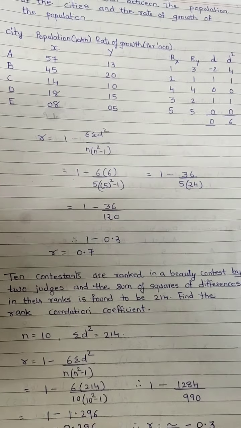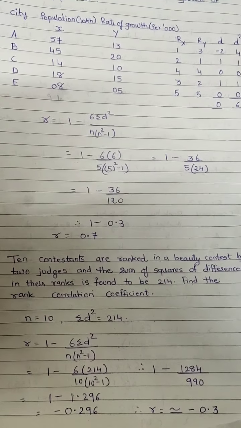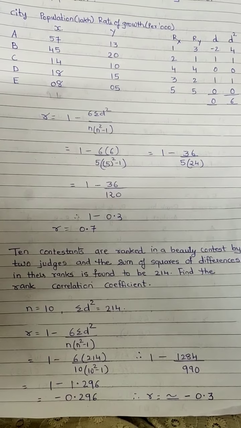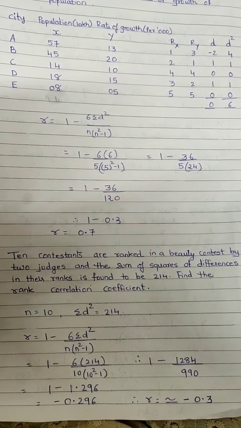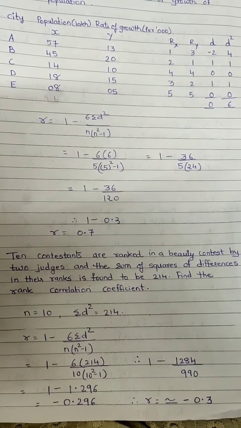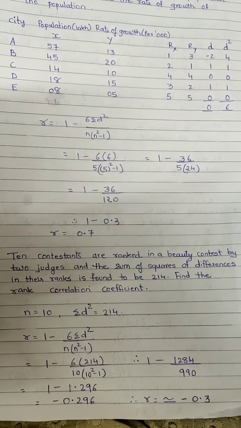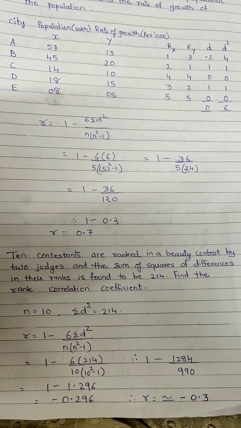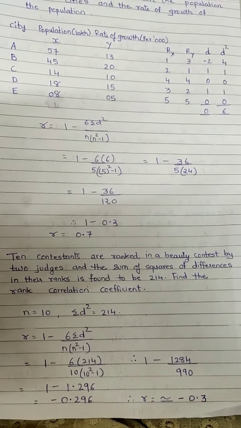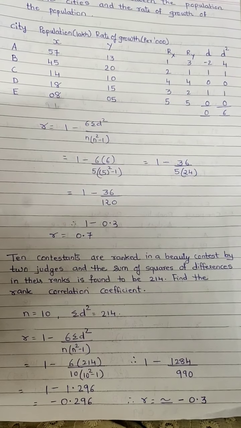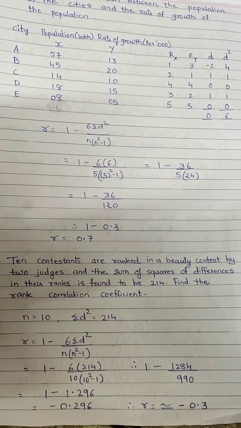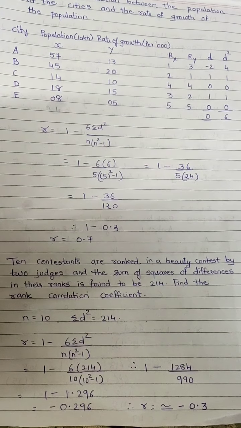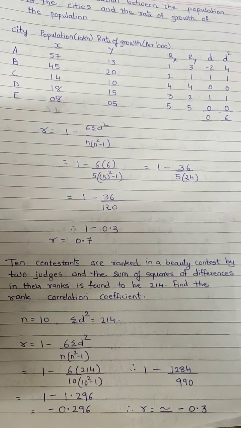Let us see one short sum which can be asked for 2 marks, where all the values are given to you. You have to simply substitute in the formula. 10 contestants are ranked in a beauty contest by 2 judges, and the sum of squares of difference in their ranks is found to be 214. Find rank correlation coefficient.